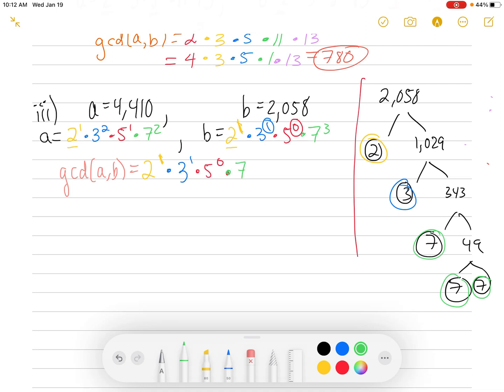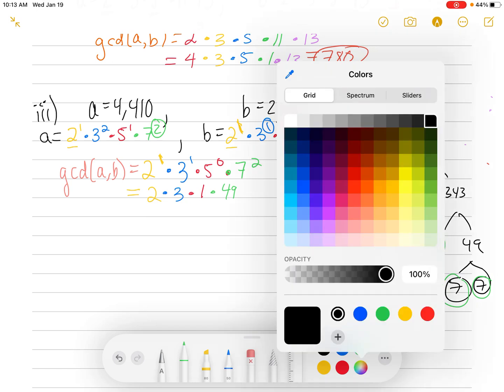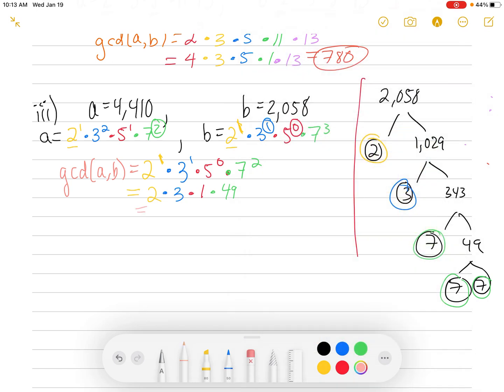And then we got times 7. The smaller power is the 2. So that's 2 times 3 times 1 times 49. And I multiply those together. 6 times 49, basically. GCD here is 294.